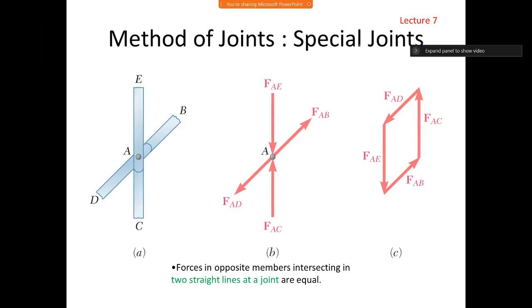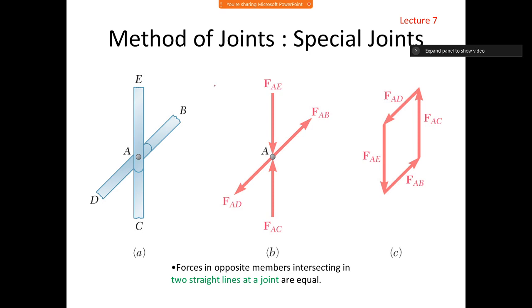So what we are going to learn in a couple of slides are some special joints. This is a part of method of joints, and by learning these special joints, it will help us to simplify the solution procedure, and we'll be able to get the solution more quickly. So the first type of joint is when you have a joint and the members are connected in straight lines.